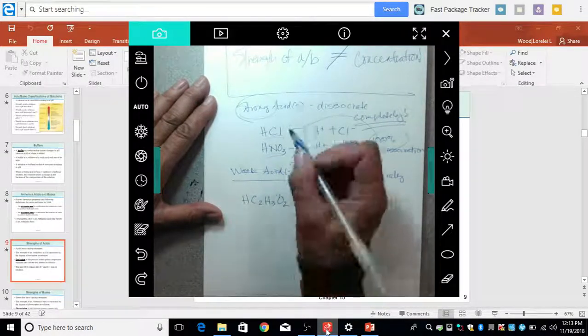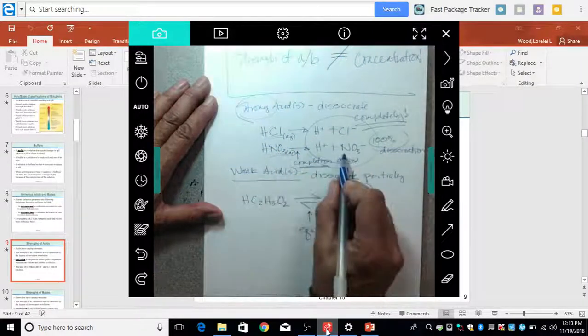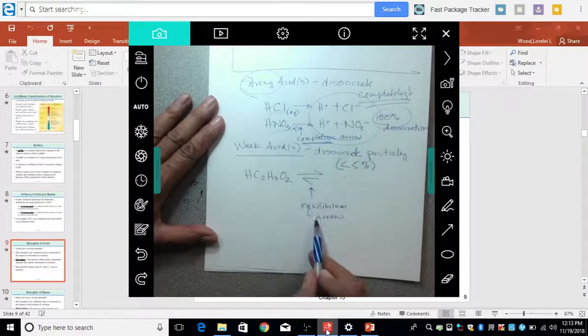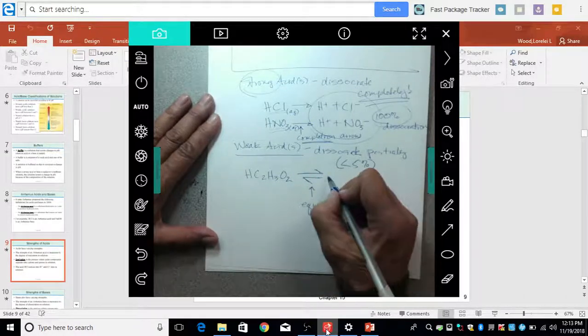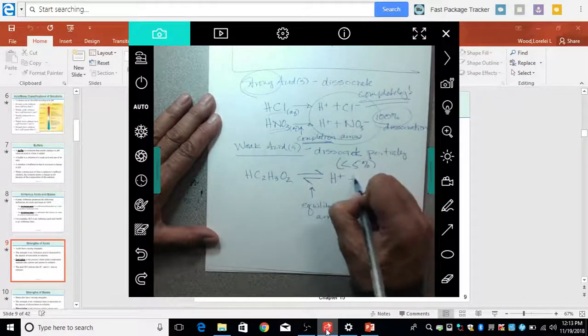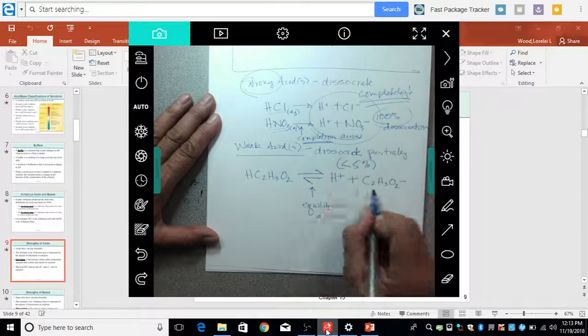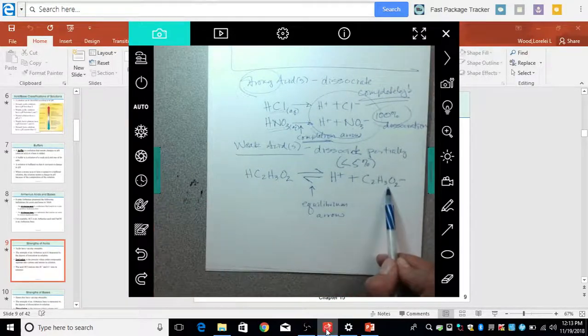That once you put this stuff and you make an aqueous solution out of it, it's going to break up into all these things. This kind of an arrow is called an equilibrium arrow. That means that some stuff is going to go in this direction, but that some stuff is also going to go in the reverse direction. And you have an equilibrium set up between what's here and what's here, and you're going to have all three of these things in your solution.